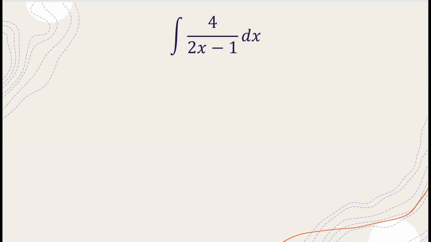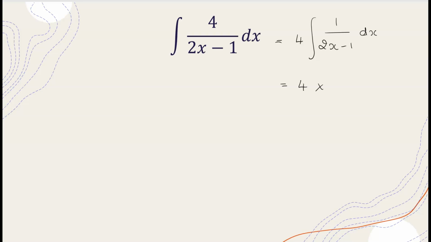But if it isn't quite the derivative, but almost, then we might need to do a little bit of tweaking. Now you know the rule that allows us to take that 4 outside, so we can already write it as 1 over 2x minus 1. And then it's almost what we need, but not quite. Let's leave the 4 there.